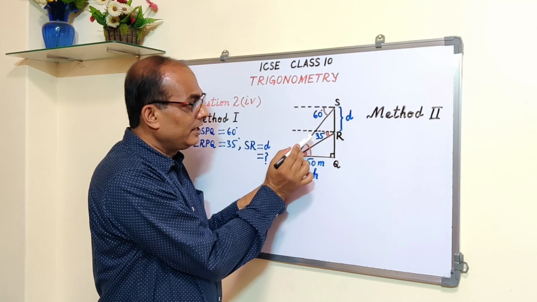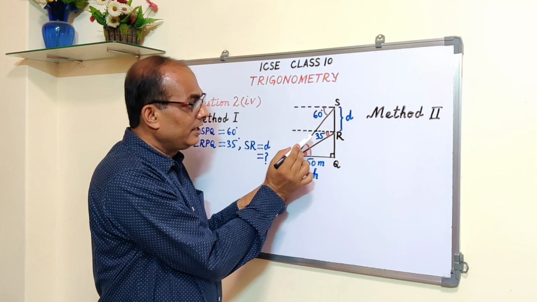So angle SPQ is equal to this angle 60 degree that I have written, and angle RPQ is equal to this angle 35 degree, alternate angle. This line and this line are parallel. So that is 35 degree. SR we have to find out. I am calling that SR as D, and that is the question mark.